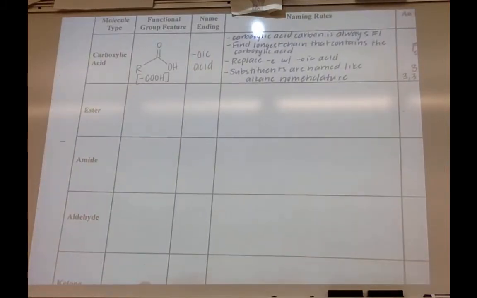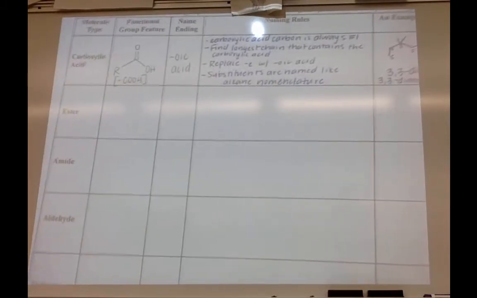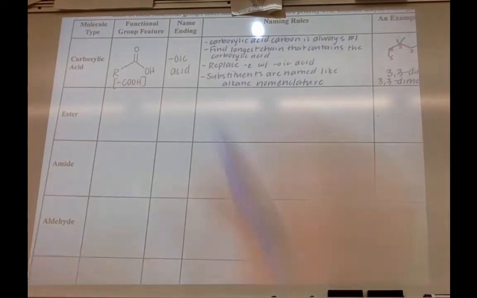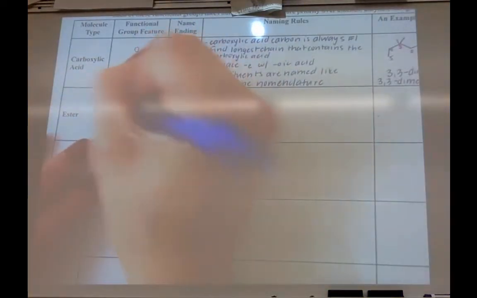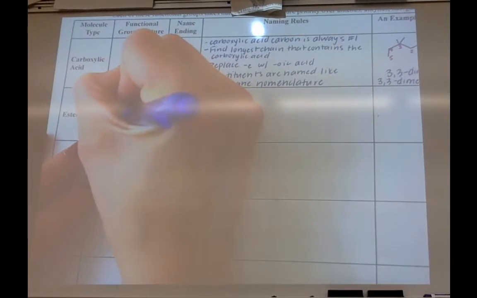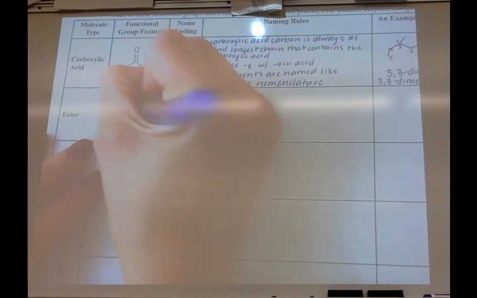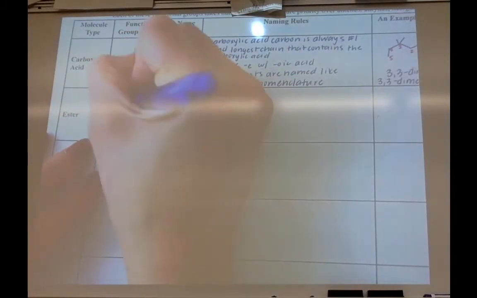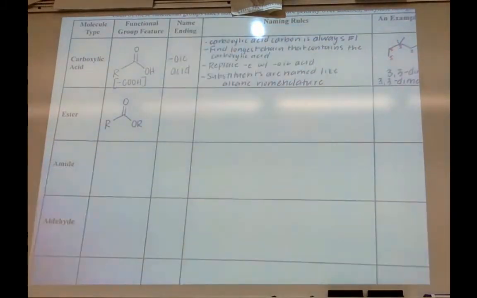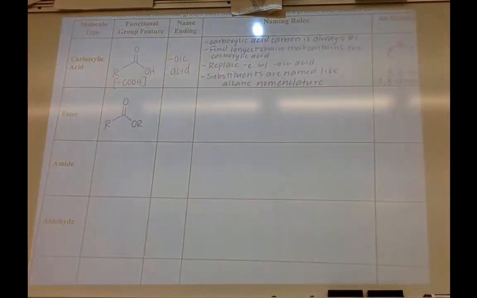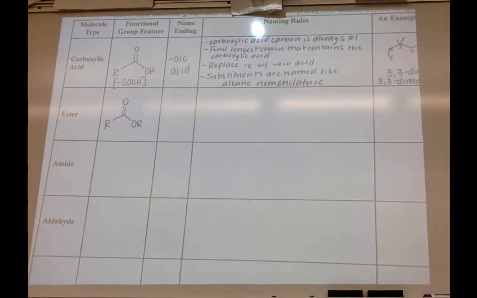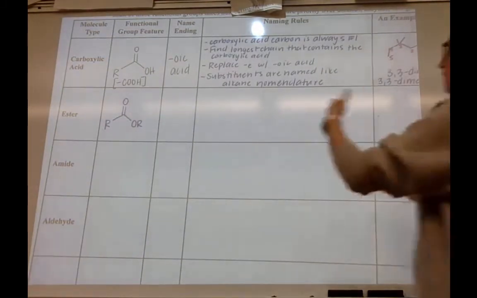Then we come to esters. Again, the general structure for an ester we looked at in the do now is that you have that carbonyl carbon single bonded to an oxygen, and then there are 2 R groups. R groups could be anything.